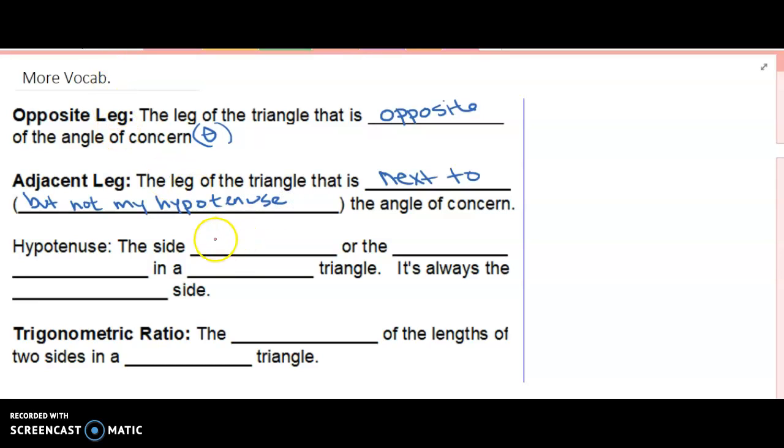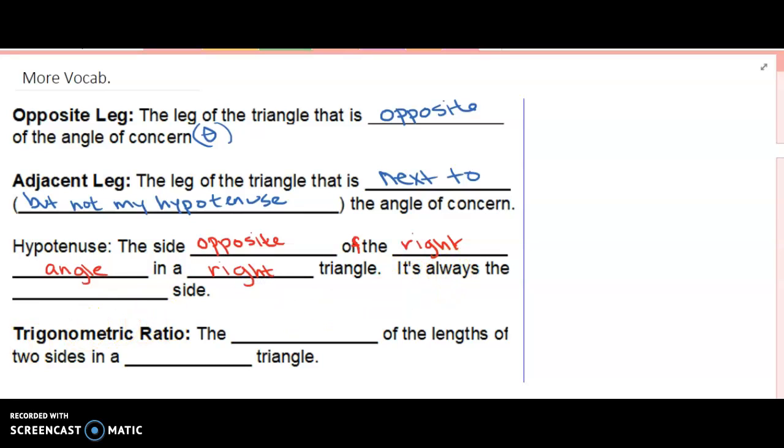All right, guys, my hypotenuse has a typo in here. So the hypotenuse is the side opposite of, not or, of the right angle in a right triangle.